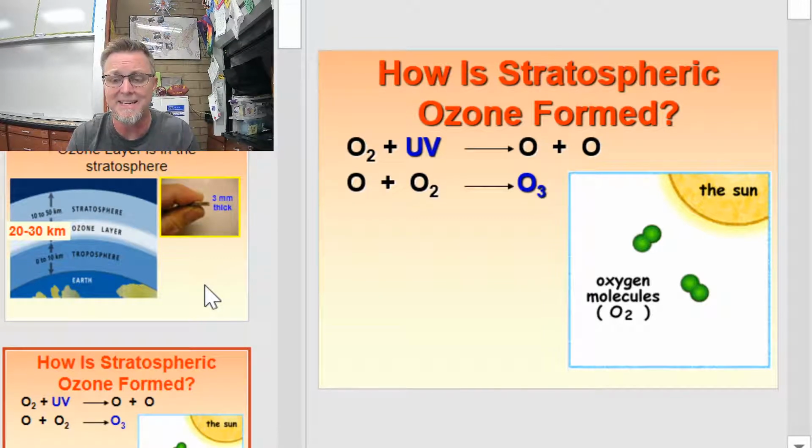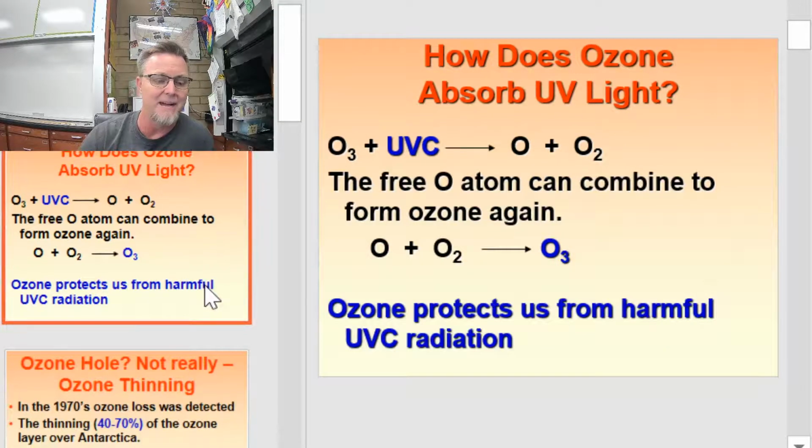We call that singlet oxygen. When those singlet oxygens bounce around in the atmosphere, they can either find each other again and make O2 gas, or sometimes they will find O2 gas that already exists, jump on with that, and then we've got O3. That's how it's formed in the stratosphere.